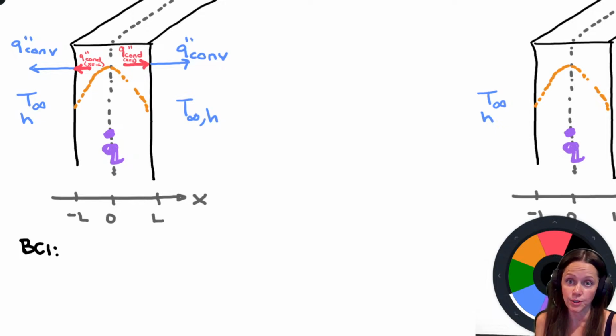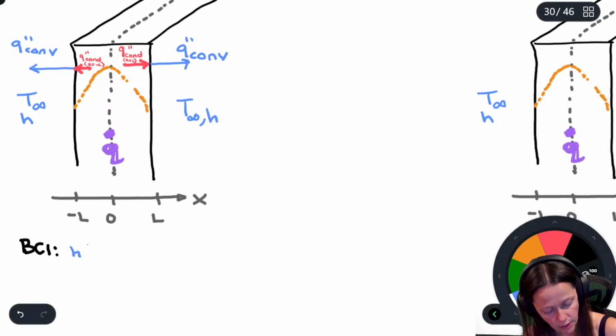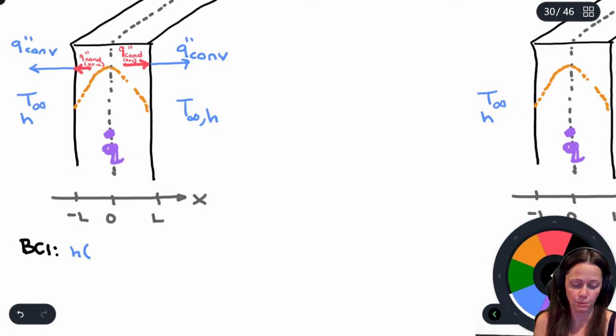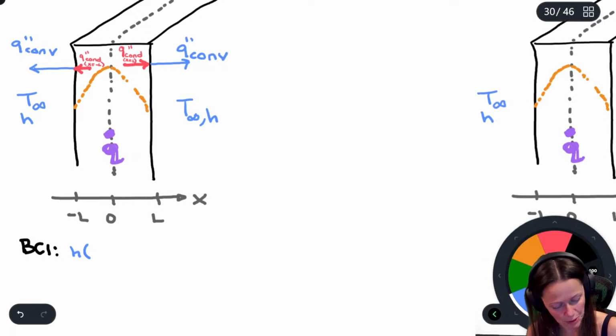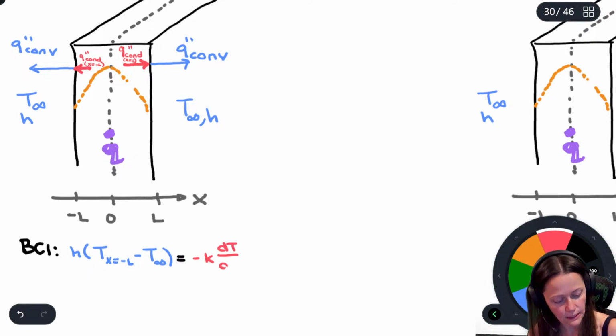The way that I would define that, Newton's law of cooling, would be h times the temperature at the beginning of the arrow, T at x equals negative L minus T infinity. And this would be equal to negative k dT/dx at x equals negative L.